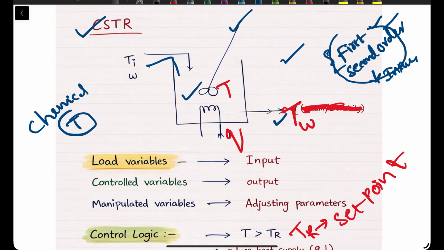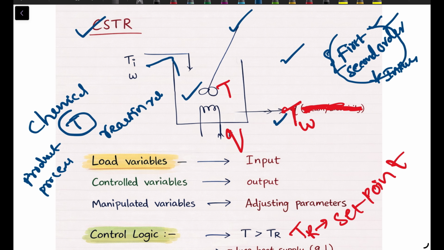It will impact the reaction rate, product quality, definitely, and then process safety is very, very important. So our objective is to maintain the reactor temperature at the desired value. That means how much value we want. Okay, so let's see the diagram explanation, how exactly we are going to do this.